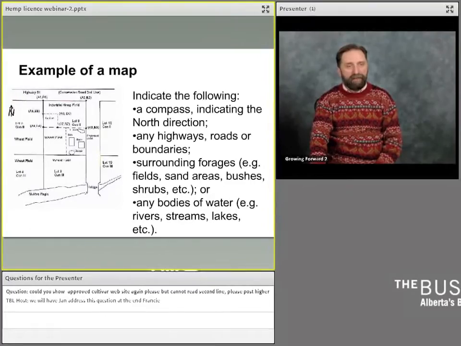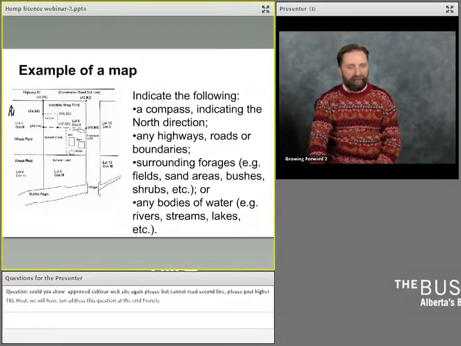Here, this particular industrial hemp field is next to Highway 51. Highway 51 is marked. Surrounding forages, fields, sands, areas, bushes, shrubs have to be also indicated on the map. And finally, water bodies, rivers, streams, lakes.